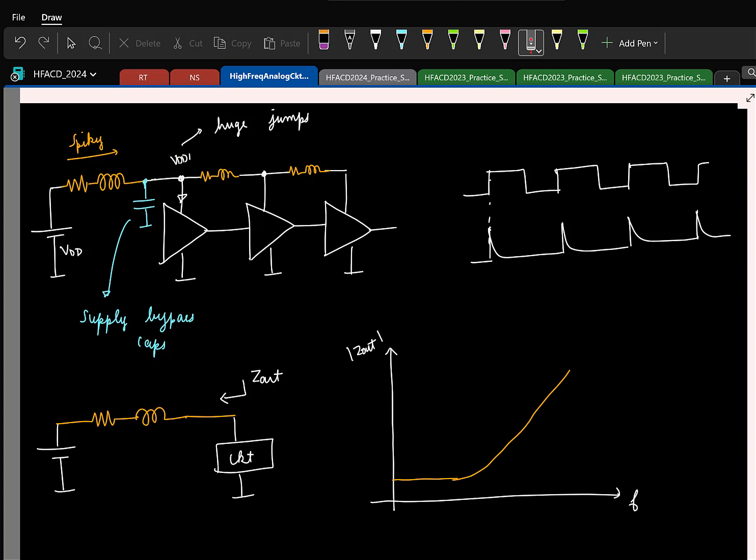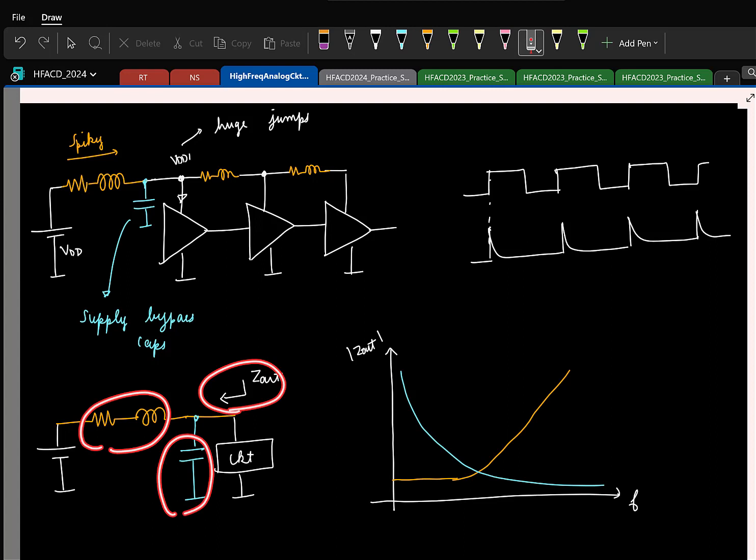Fine. Now what we are proposing is to go and put a capacitor right next to your circuit. So if I plot the capacitor impedance, it looks something like this. So now the effective output impedance is the parallel combination of these two. At low frequencies, you have this large value and a small value.